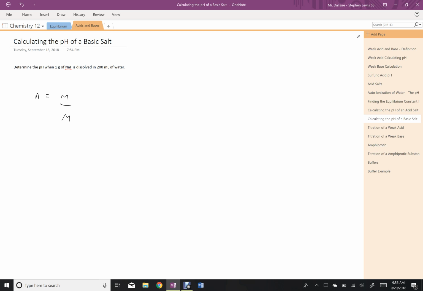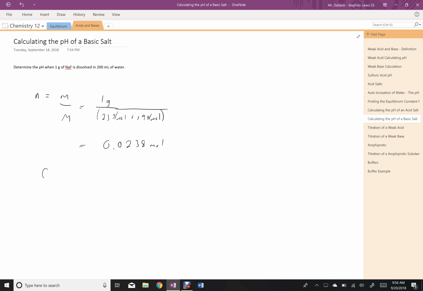To do that, we're first going to convert to moles. Sodium fluoride is 23 grams per mole plus 19 grams per mole. So I got 1 over 42 here, 0.0238 moles.